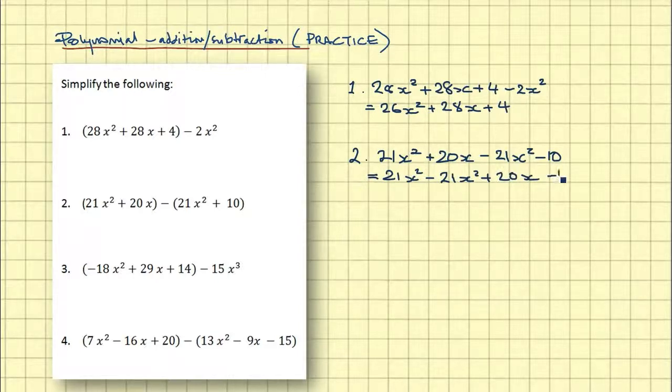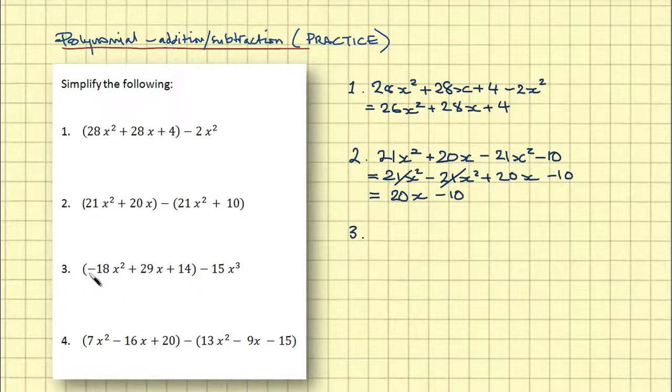So we've got 21x squared minus 21x squared, let's just make that one nice and big, and plus 20x minus 10. So we just rearrange the terms there to get them in descending order, and we can see that the 21x squared minus 21x squared, we've got the zero principle here, so those cancel, and we're just left with 20x subtract 10. Okay, good.